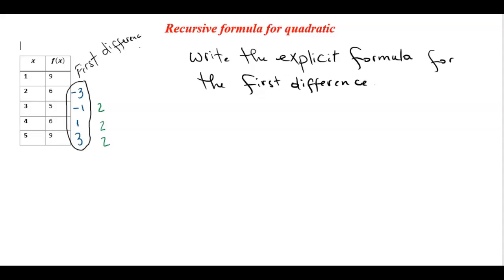Okay, so to do that, we're going on the first difference list, which is this list right here, negative 3, negative 1, 1, and 3, and the first number on the list is -3.